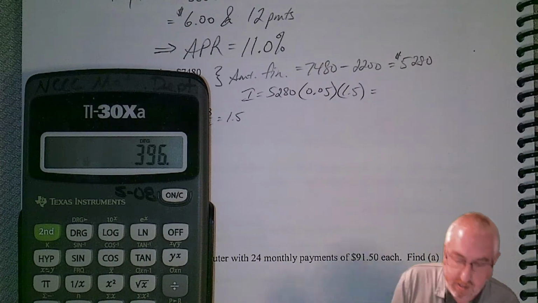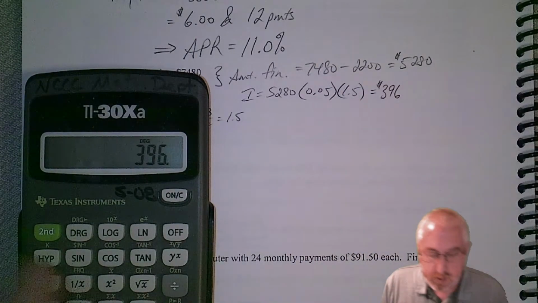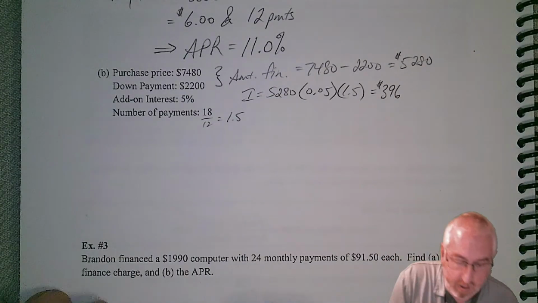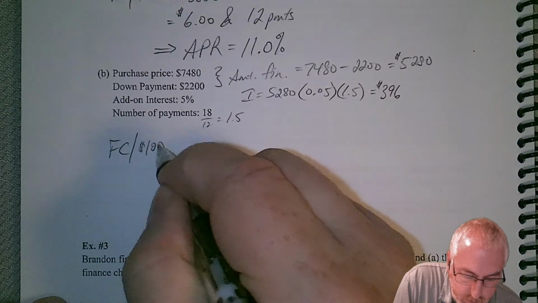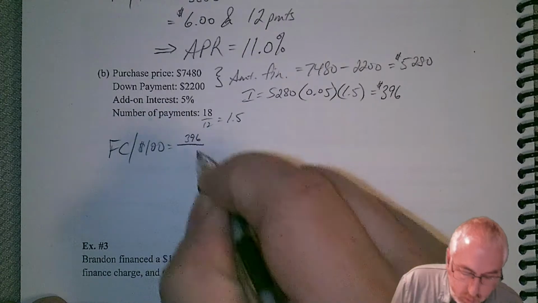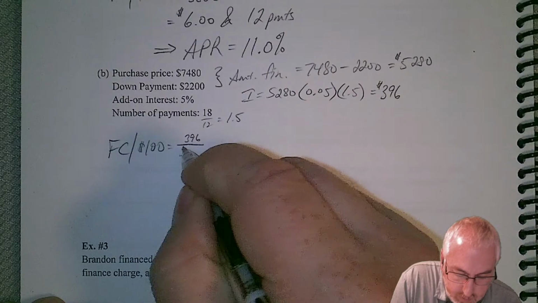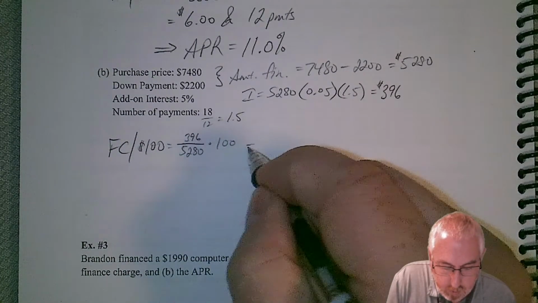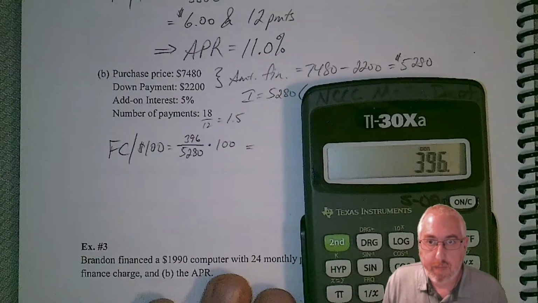So 396. So $396 for that. And so now we can get our finance charge per $100. So 396 over what we're borrowing, the 5280, times 100. I'll go over here.